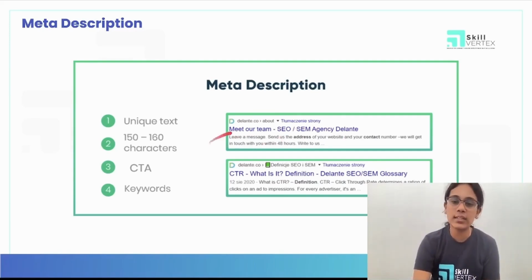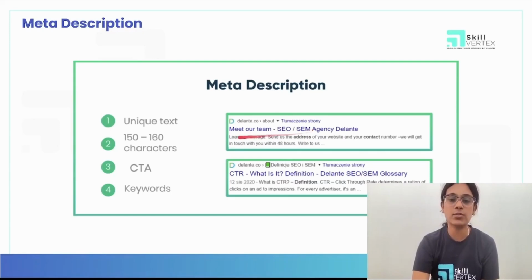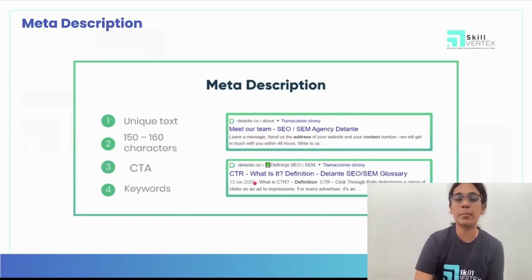Only when the meta description is nice will people click on the link and look into the website. Since this page is about the team, you have a proper meta description describing it.